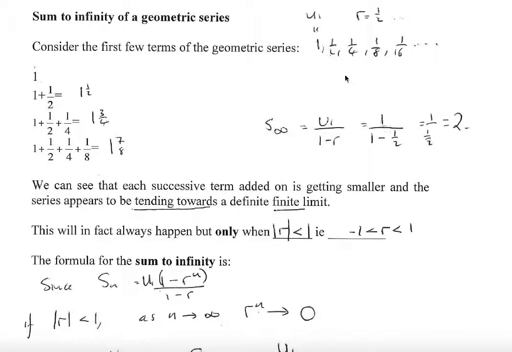So in this case, that's 1, the first term, divided by 1 minus a half, the common ratio. 1 minus a half is a half, 1 divided by a half is 2. So even if I added up a million, trillion, quintillion terms of this sequence, it would just get closer and closer to 2, but never quite equal it. So it's tending towards a limit of 2.